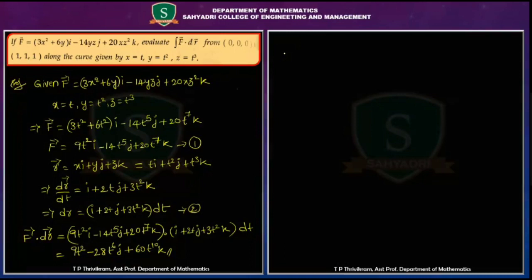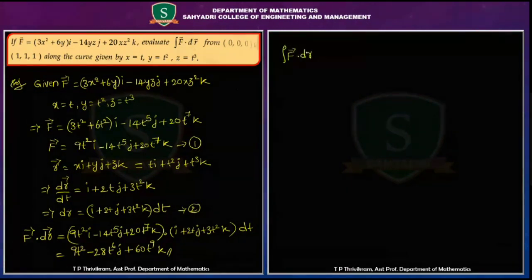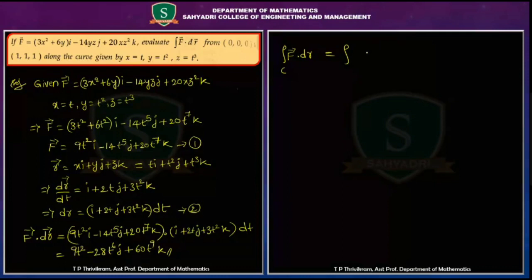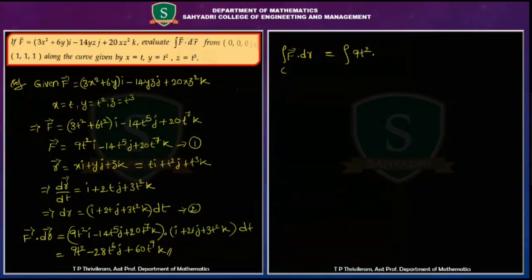Now the integral. Sir, 60t power 9. T to the power 9, okay. So we'll get t power 9. So integral of f dot dr over C is equal to the integral of 9t square minus 28t power 6.